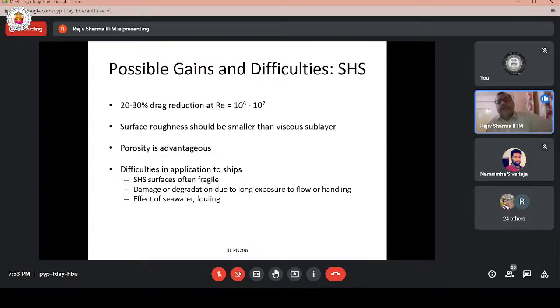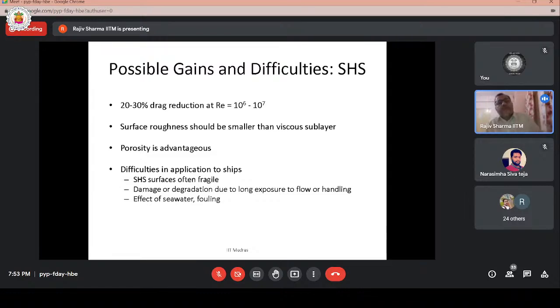Because when you talk about manufacturing accuracy and manufacturing requirement, the moment you start reducing it from meter to millimeter to micron to nano to pico, the manufacturing difficulty increases.